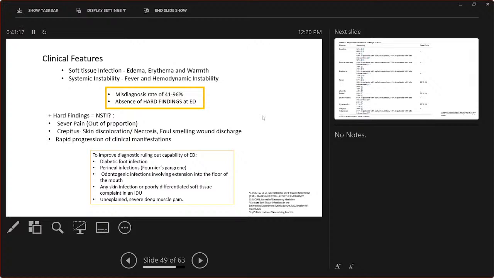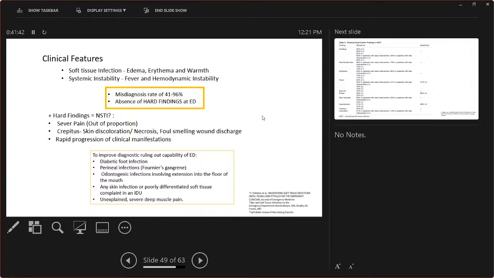The misdiagnosis rate in the ED is up to 96% because of the absence of hard findings at presentation. The hard findings of NSTI are severe pain out of proportion, crepitus, skin discoloration, necrosis, foul-smelling wound discharge, and rapid progression of clinical manifestations.